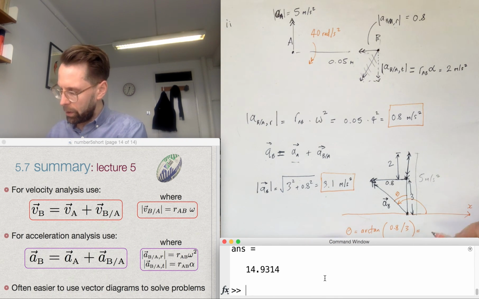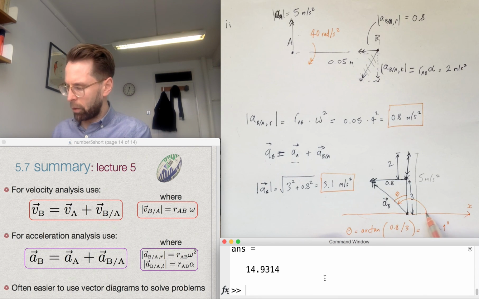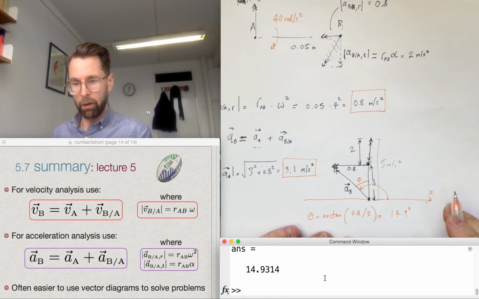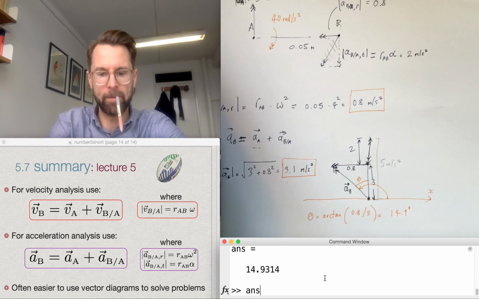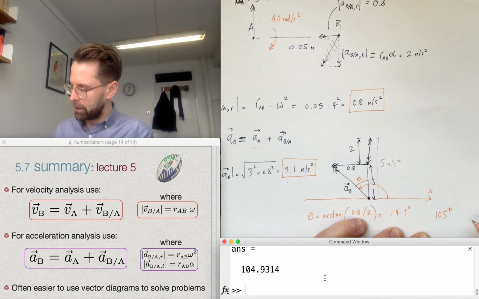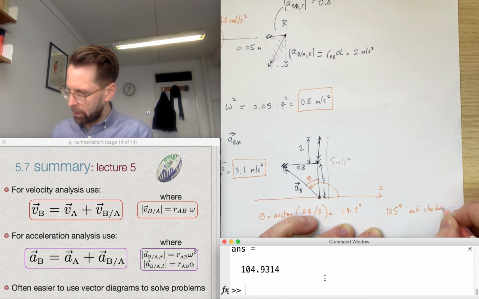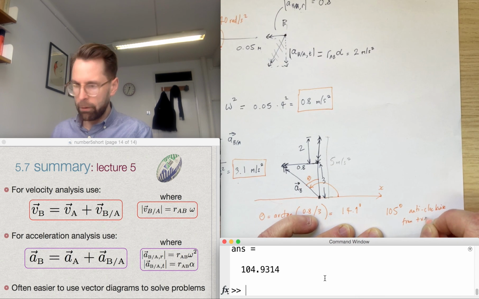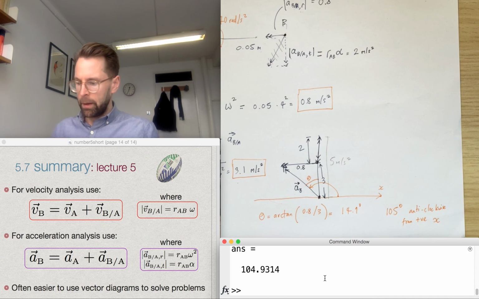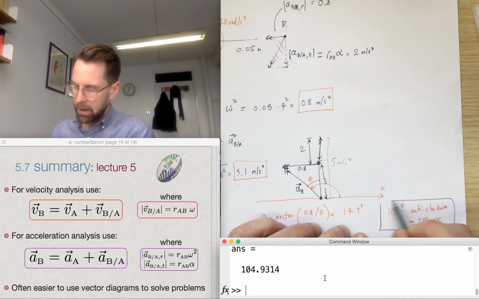So that's 14.9 degrees. If we're looking at anti-clockwise from the positive x direction, we need to add 90 degrees to that. So it's 105 degrees anti-clockwise from positive x. And yeah, I've already drawn it in orange. That's the answer.